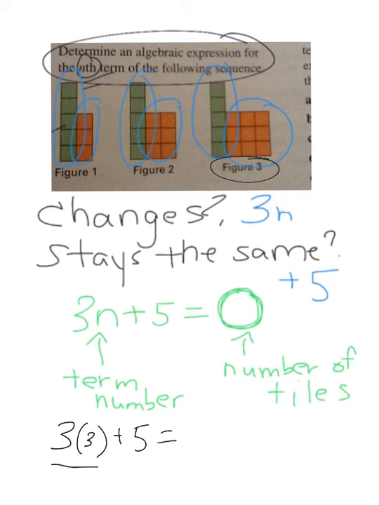Well, 3 times 3 is 9 plus 5 is 14. Go back and count the number of blocks in figure number 3. There are 9 orange and 5 green, which equals 14. Okay, so we know that we found our figure number. This is correct.